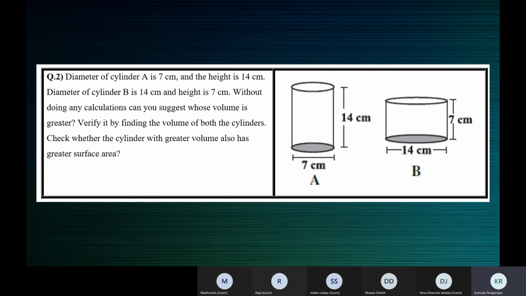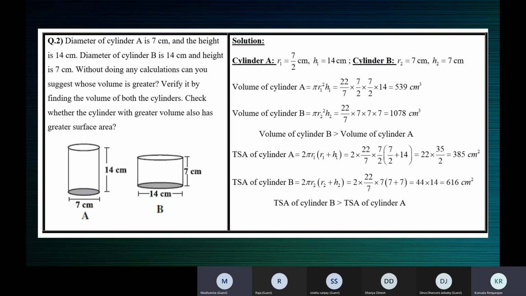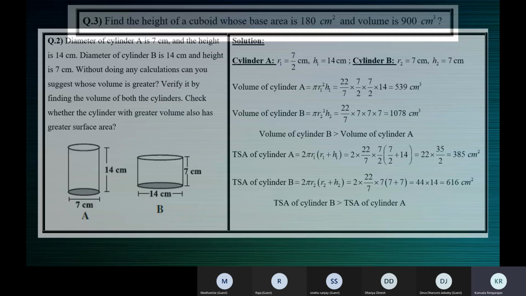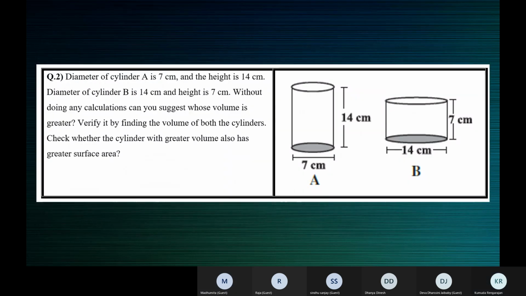That is the CSA of a cylinder. 2 pi r h plus r, ma'am. 2 pi r into r plus h, yeah. 2 pi r into r plus h is the total surface area of a cylinder.